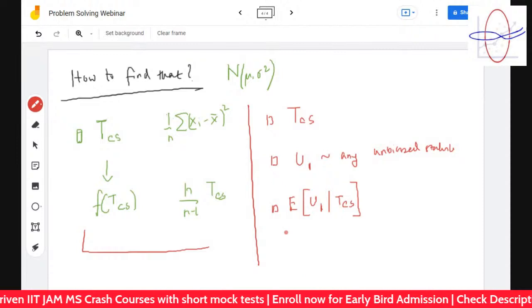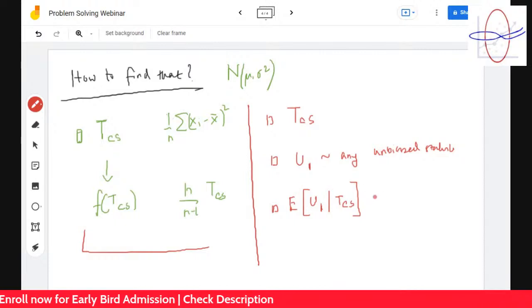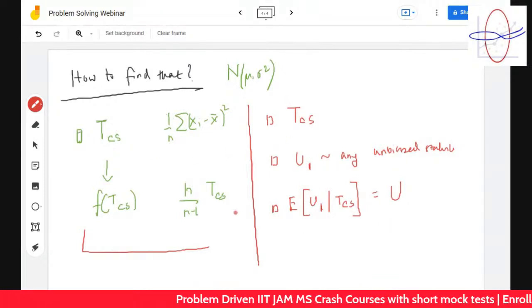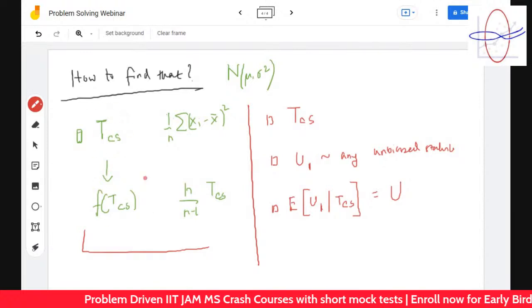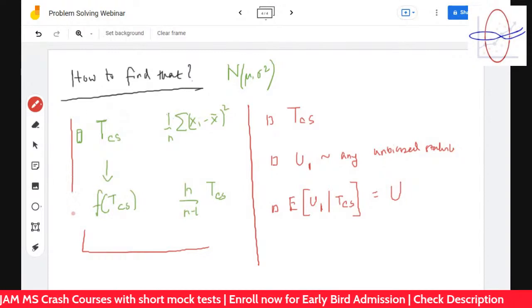This is the Rao-Blackwell step, right? With this the variance is becoming less, and by the uniqueness property, this will be the UMVU. So there are two algorithms. This is the harder way, you have to calculate more. This is an easier way when you try to find it easily. Okay, that's it. So these are the two steps.